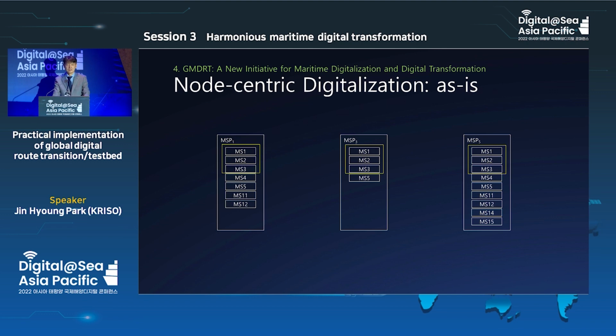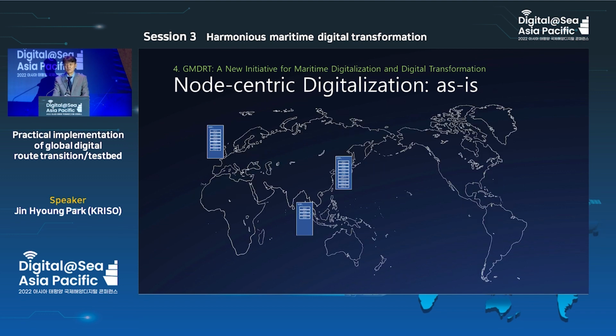And STM services also have their own maritime service portfolios. But we can see all the maritime service portfolios are separated from each other, like this. But what happens between those?